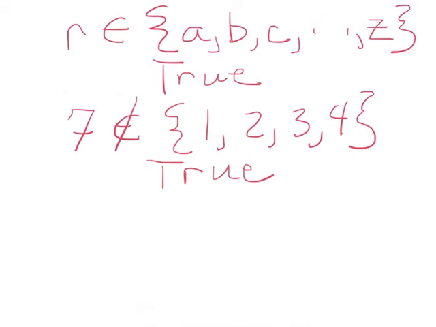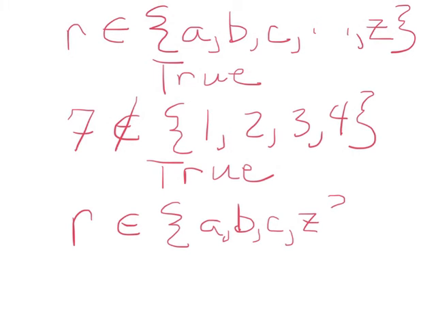Here's a couple of others you can do. Let's try this one. R is an element of A, B, C, Z. And the answer to that one is false. Notice it didn't have the ellipsis, so it's not the whole alphabet, so it doesn't include R. So that one would be a false statement.